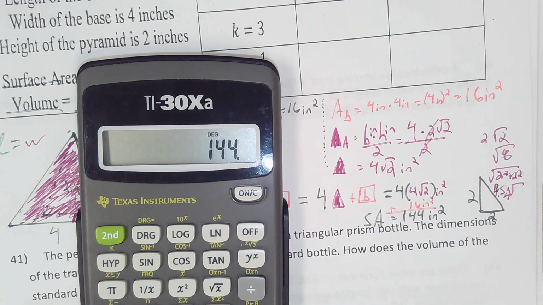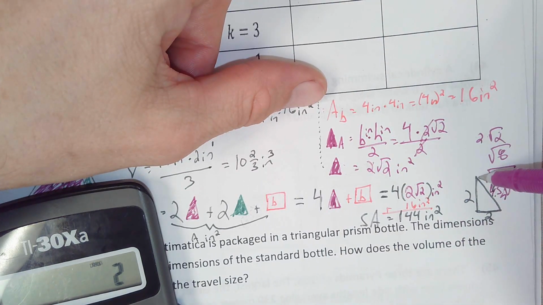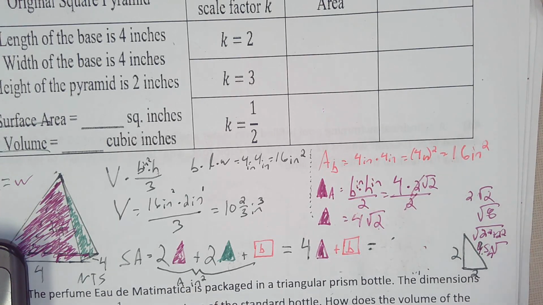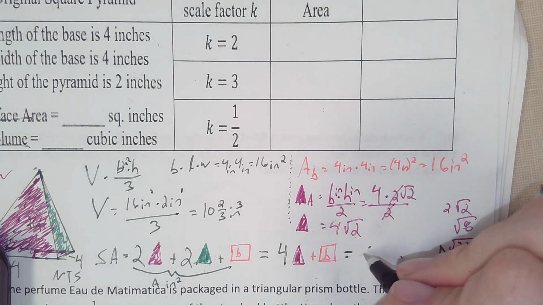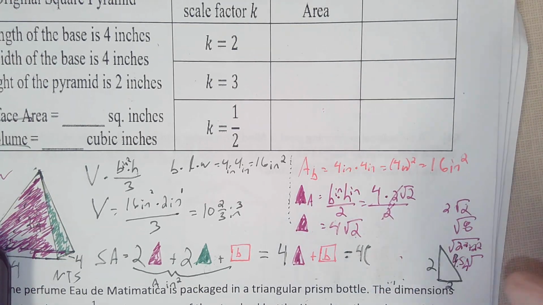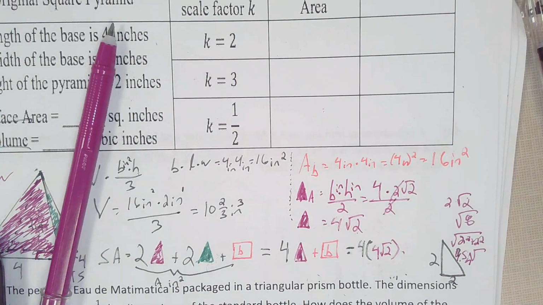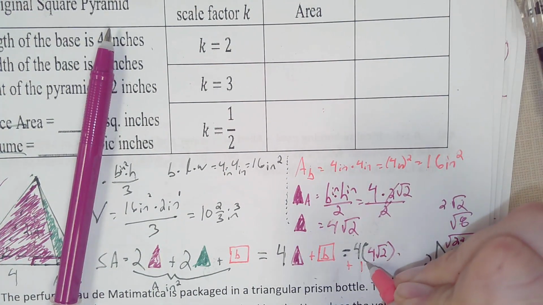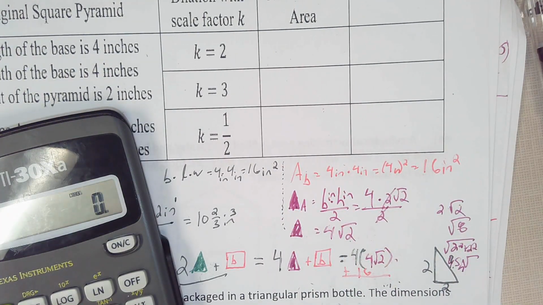All right, let me double check that one. I made an error because I did this twice here. Wait a minute, I don't think I did. Yeah, I think I calculated wrong on that one. All right, so 4 times 4 square root of 2 plus 16, because I came up with a number way higher than what made sense.